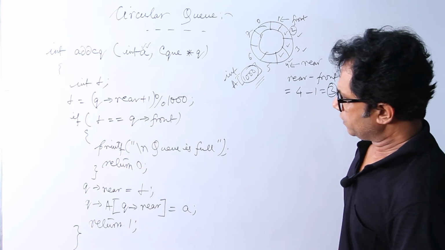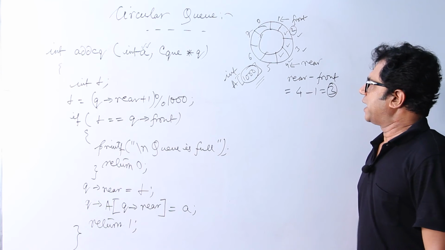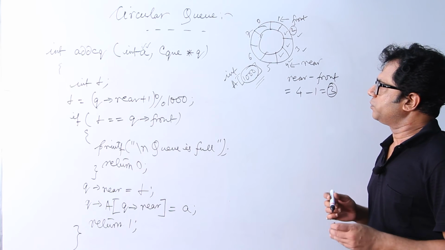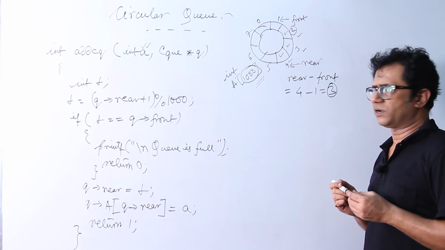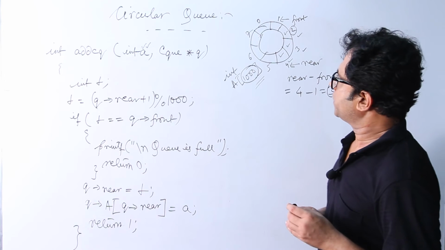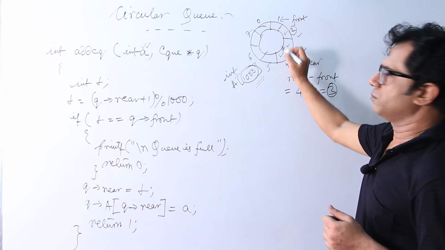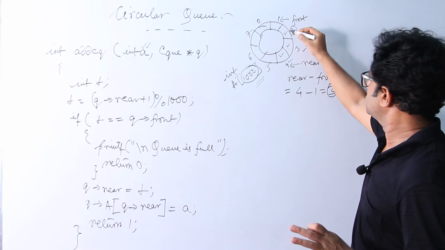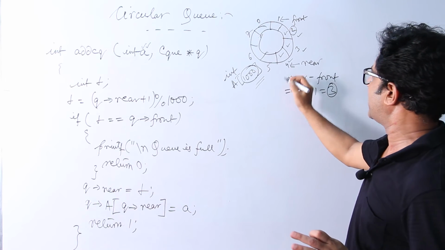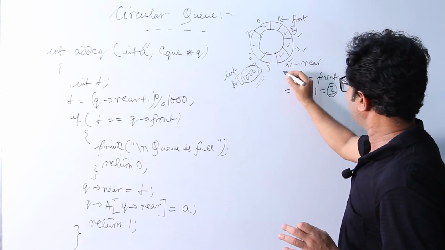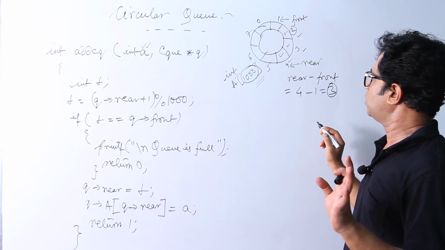So, this is the addition algorithm written in the form of a C function for the addition operation in a circular queue. Suppose I will make you understand with a simple example. Suppose the q is in this condition, and we are going to add one element a at the rear position. How will we do that?